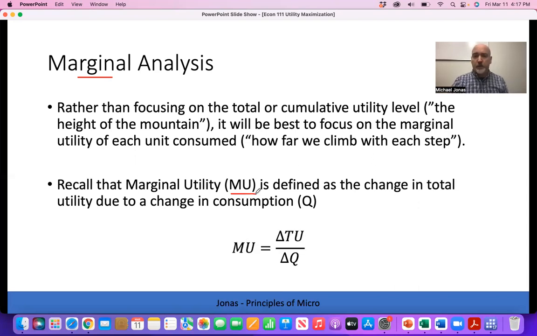And mathematically, we would express it thusly: MU equals delta TU, the change in total utility, for each additional unit consumed. So when you think of that delta Q, think of it as just being one. You spend one more hour at the gym. What's the return? You buy one more movie ticket per week. What's the change in utility?